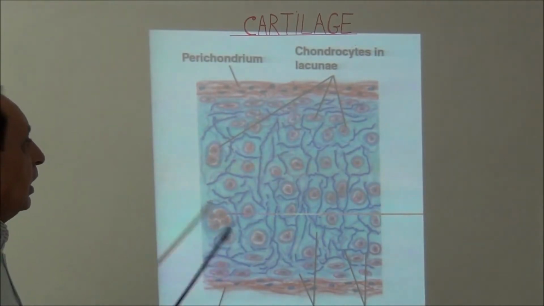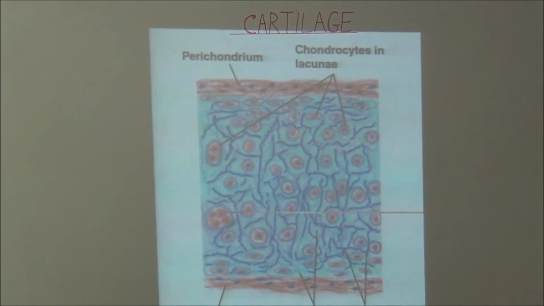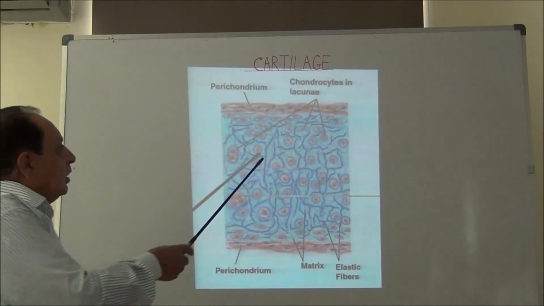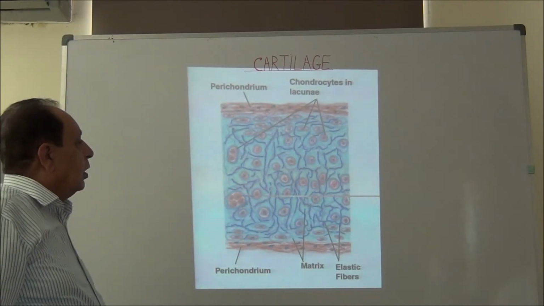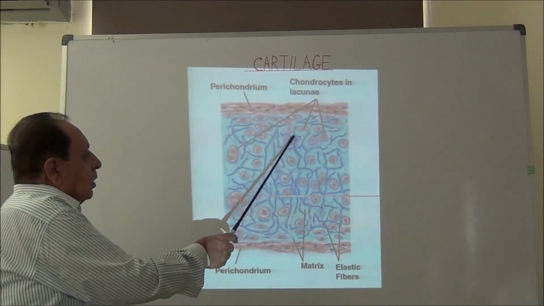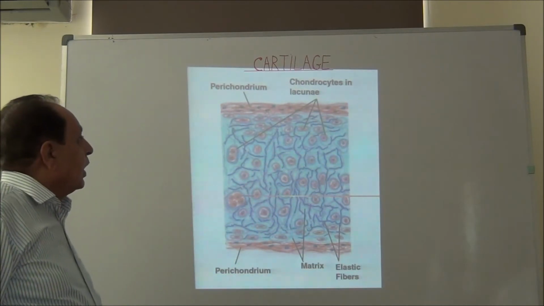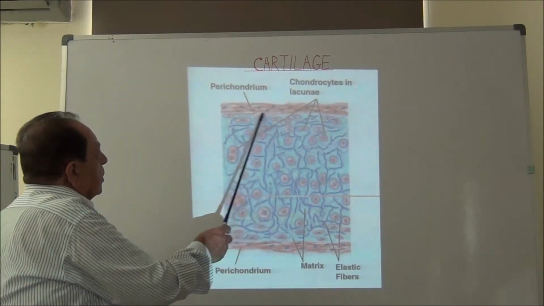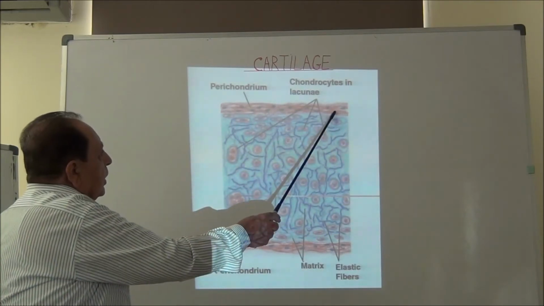The elastic cartilage also contains cells and ground substance. Now the cells in elastic cartilage are also the chondrocytes, surrounded by the matrix. Now these chondrocytes are just below the perichondrium. They are flattened with flattened nuclei.